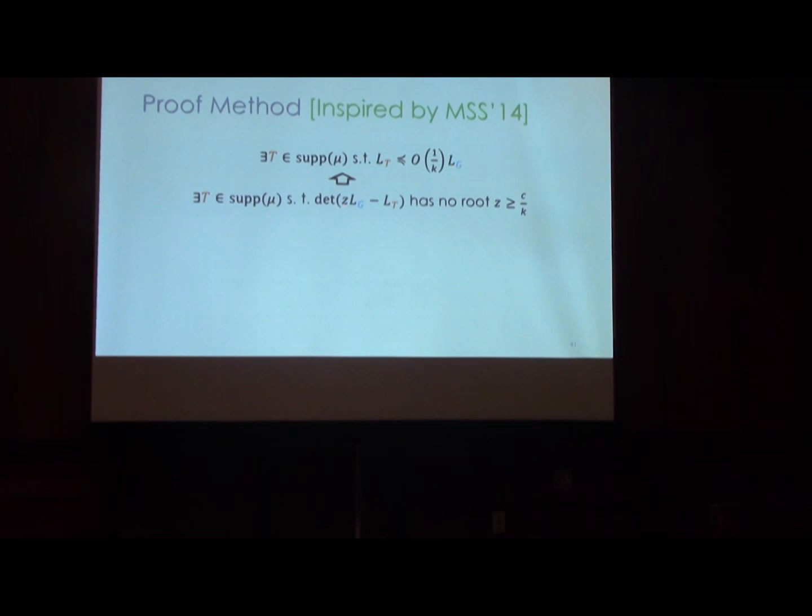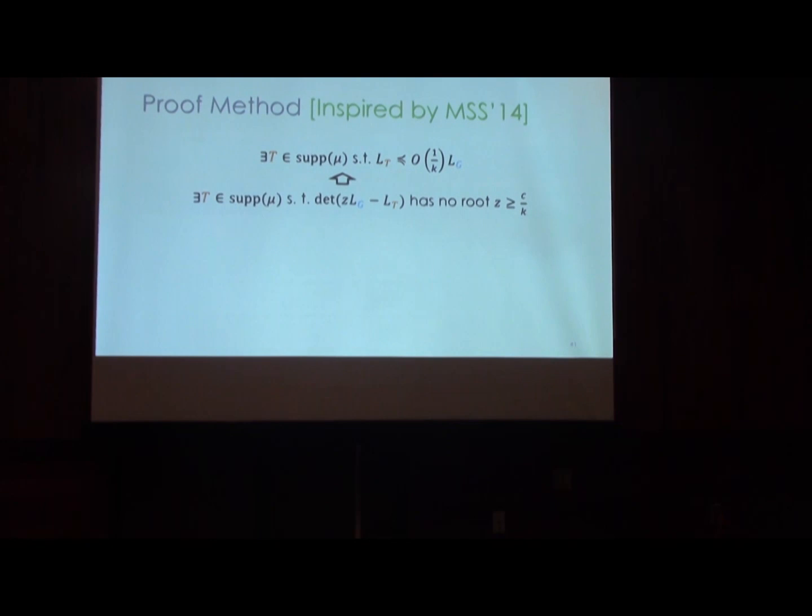This is equivalent to showing that there is a set T such that this polynomial, the determinant of z times L of G minus L of T, has no root bigger than c over k. The max root of this determinant is basically the spectral thinness. That's what I'm playing with.